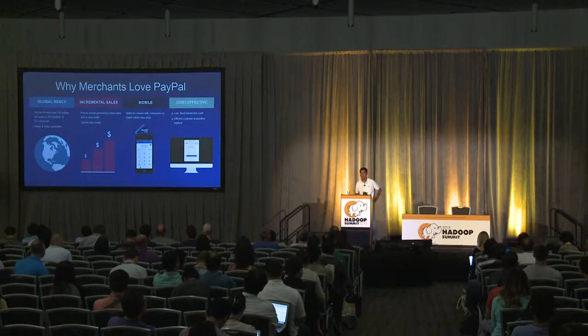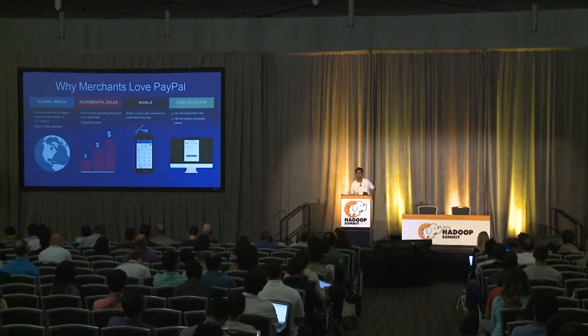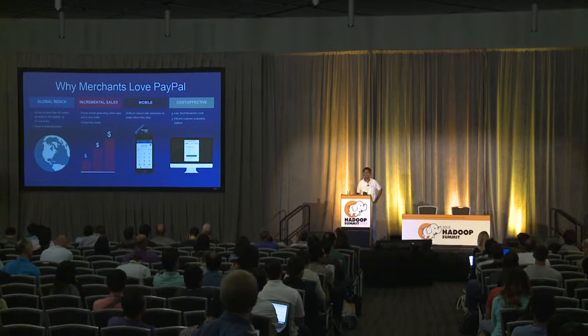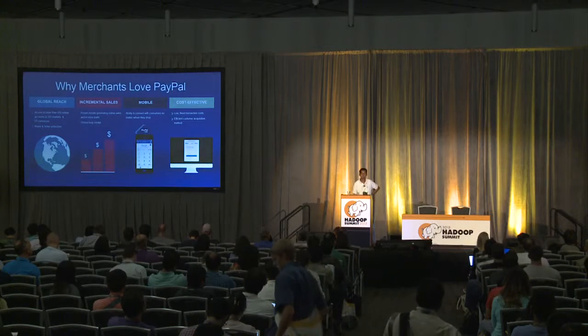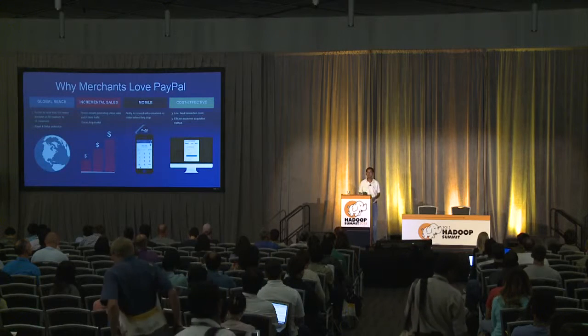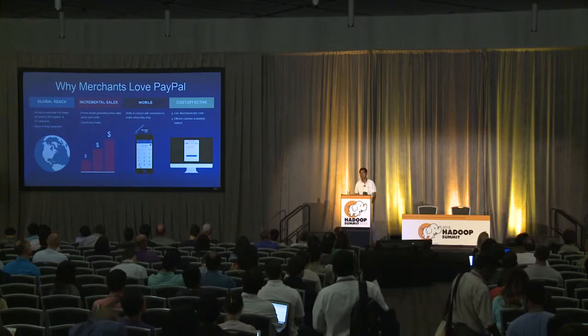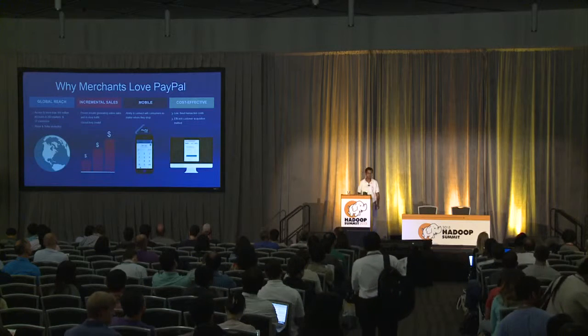Merchants also love PayPal because of its global reach. PayPal is available in over 200 markets, and we have more than 165 million active user accounts. PayPal also provides a platform for merchants to manage their businesses much more efficiently.